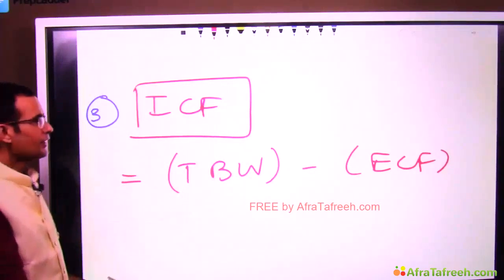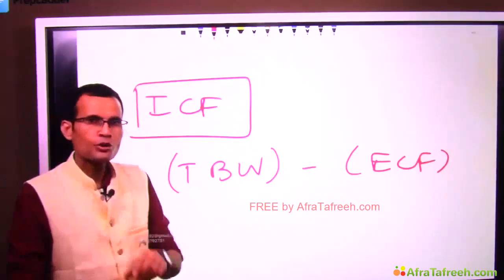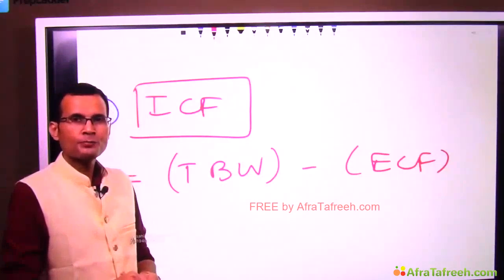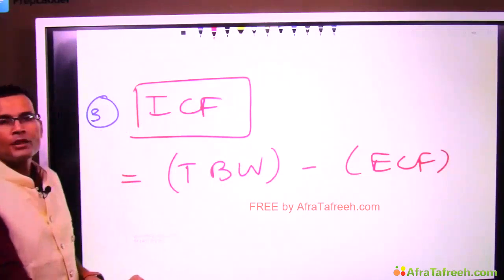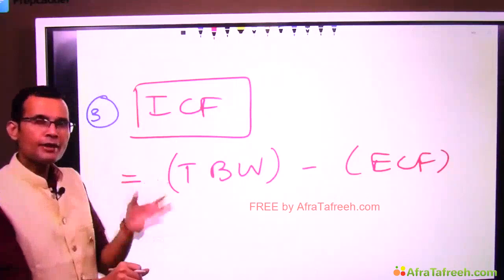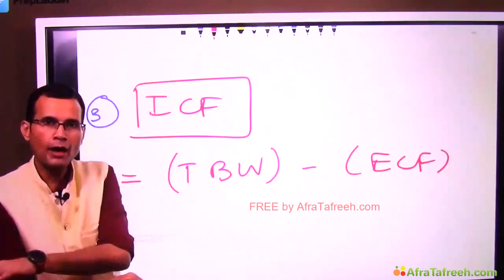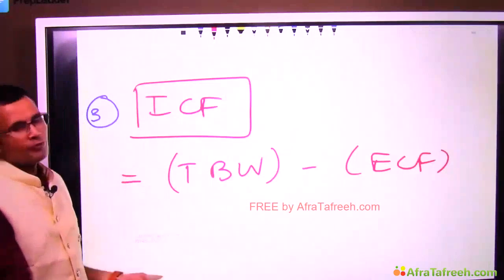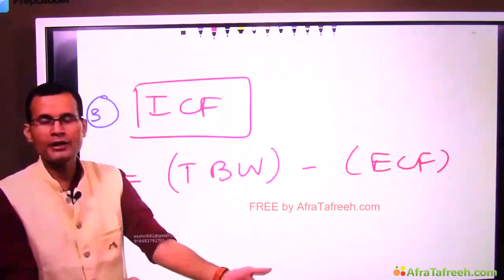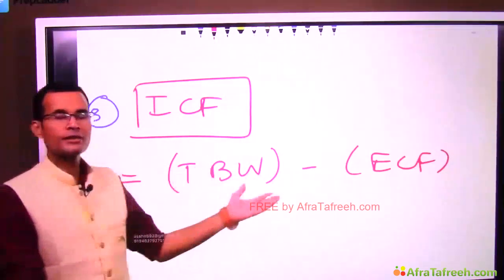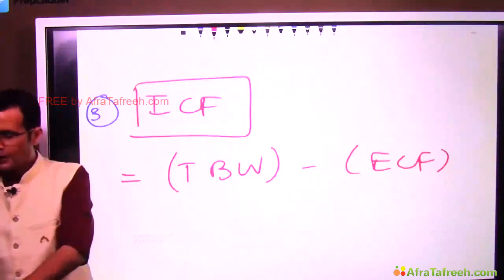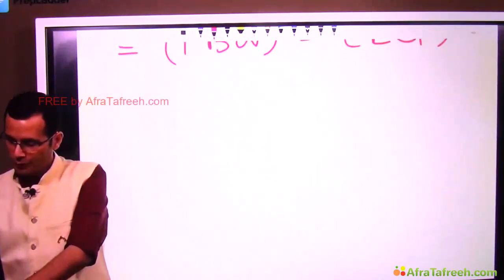Naturally, right? And so the question that I asked you just now, if the deuterium space is Y and the sucrose space is X, then the ICF volume will be Y minus X. Total body water minus the ECF volume. That will be the ICF volume, the intracellular fluid volume. Okay.